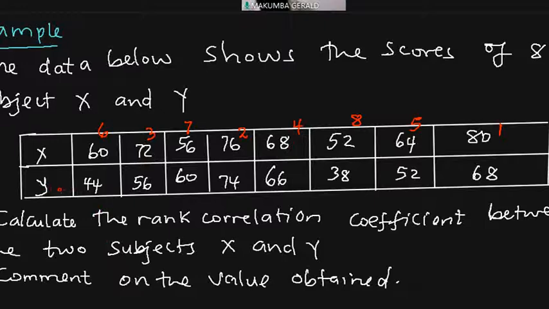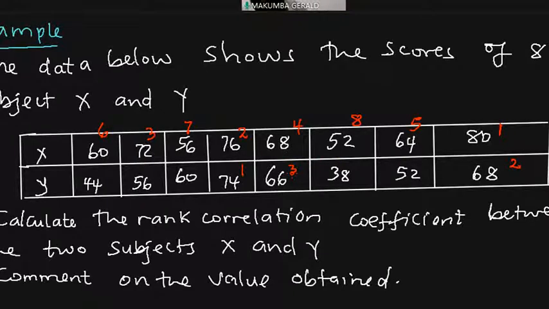So next we are going to rank those in Y. 74 is the biggest one, so it takes rank 1. Followed by 68, rank number 2. Followed by 66, rank number 3.